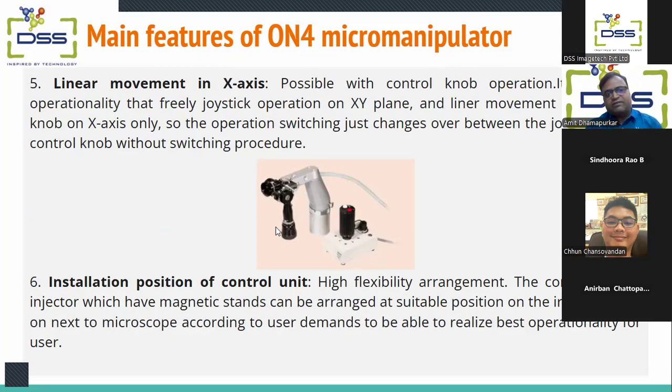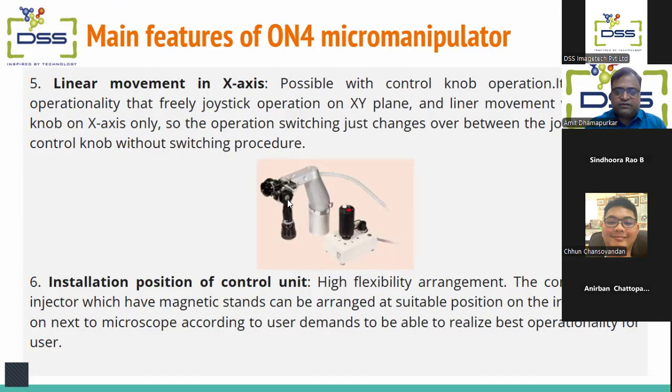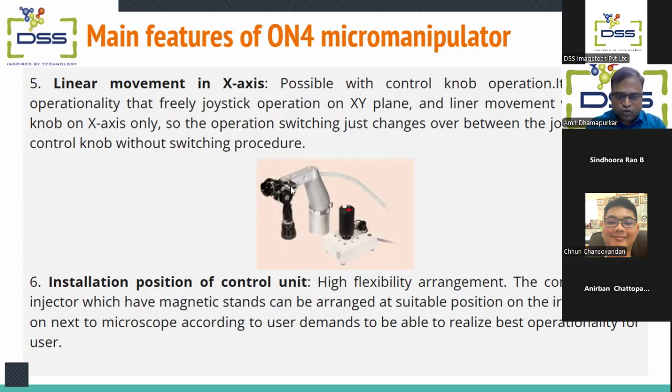The fifth point is the linear movement in the x-axis. Whenever we have the joystick's position in the XY plane, we also call it a homing device. You can see this is the device over the joysticks. When you position the pipettes with the help of the joysticks, and both the injecting and holding pipettes are aligned, then instead of using the joysticks, we can use this homing device so that the alignment stays proper and our hands won't shake.